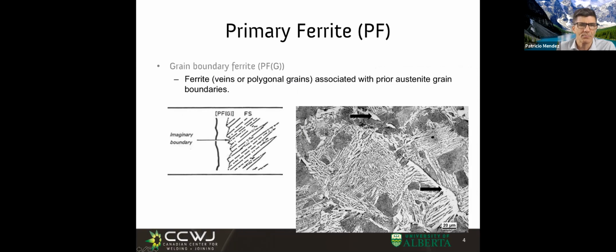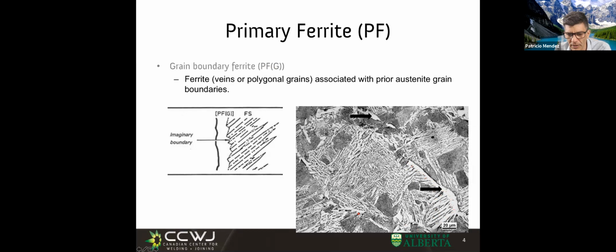Here we have the primary ferrite at the grain boundary, and they call it PFG, primary ferrite at the grain boundary. And you get to see it because it makes kind of loops. You see how this is marking kind of a boundary. This is the Widmanstatten ferrite. We're not going to worry about this right now. What we're going to worry about is how this makes kind of a boundary.